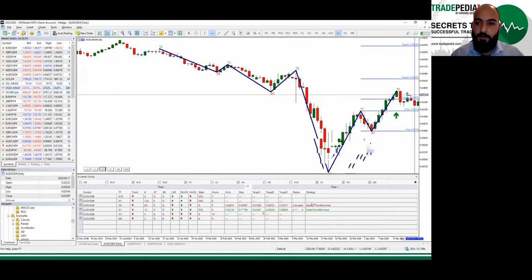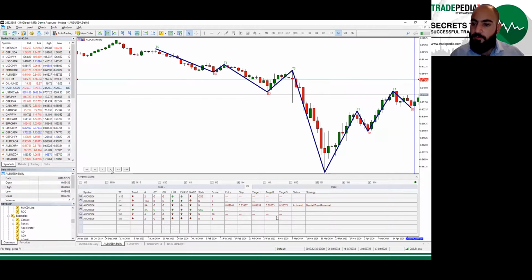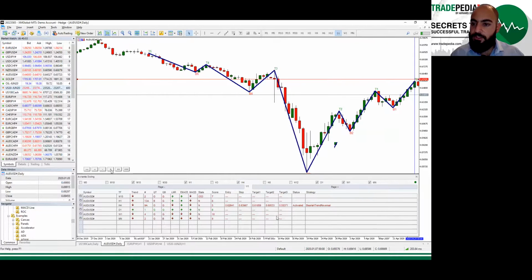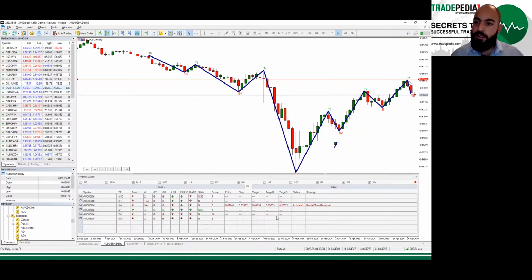Remember that we are already in this trade, so I'm going to place my target here and then wait for prices to continue. And there you go, prices reached exactly this resistance area, and now we see a correction lower. Now we are waiting for the new opportunity to enter a new position.